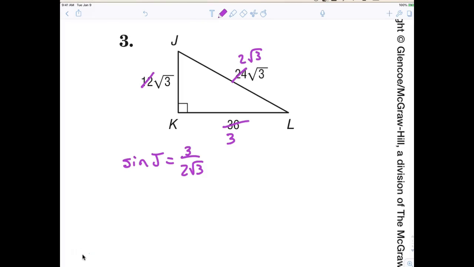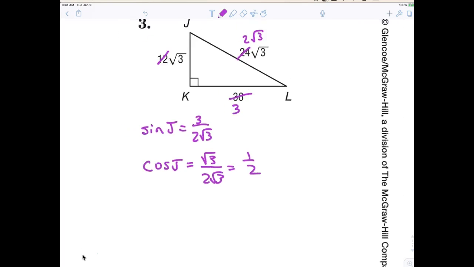I know we can rationalize. Now I want the cosine of J. Which is what? That's what I'm asking. Square root of 3 over 2 radical 3. Now in this one we can just change it to 1/2. Are we good on this?